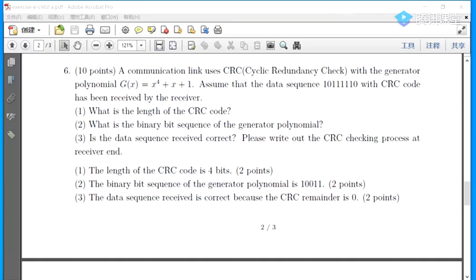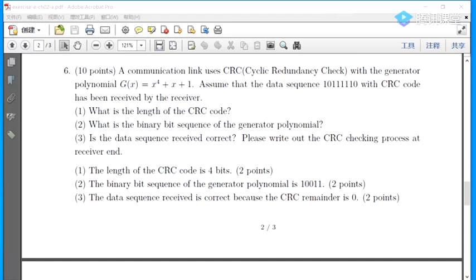A communication link uses CRC with the generator polynomial G(x) = x^4 + x + 1. Assume that the data sequence 101110 with CRC code has been received by the receiver.